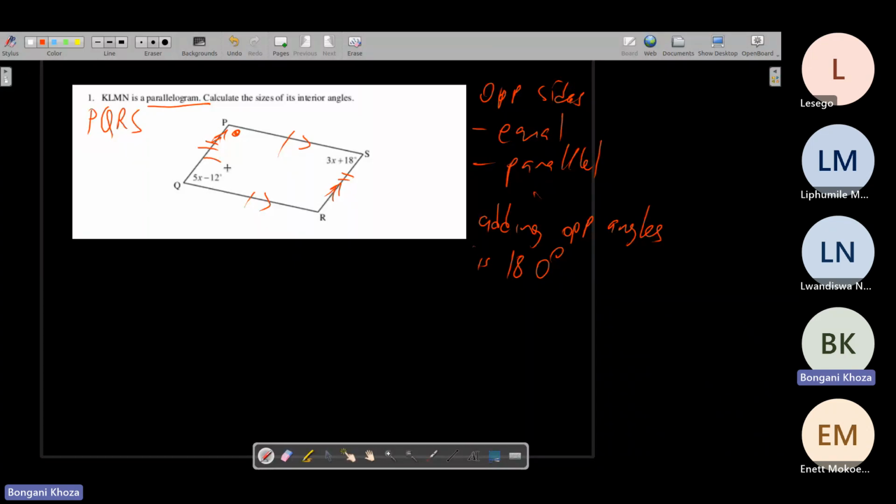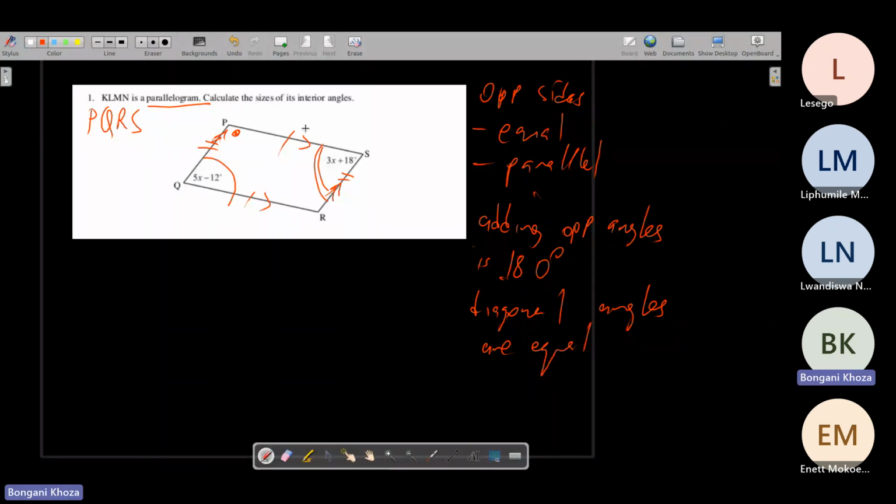Also, this angle and that angle are equal in a parallelogram. We call those opposite angles, or diagonal angles. Diagonal angles are equal, like that.